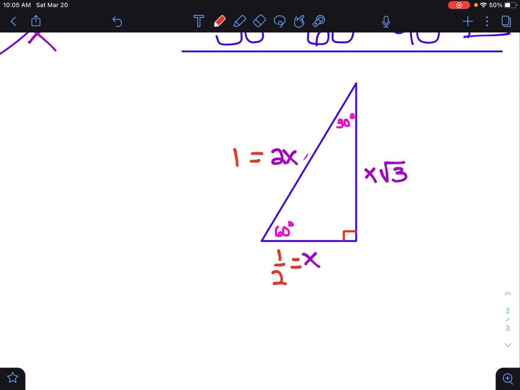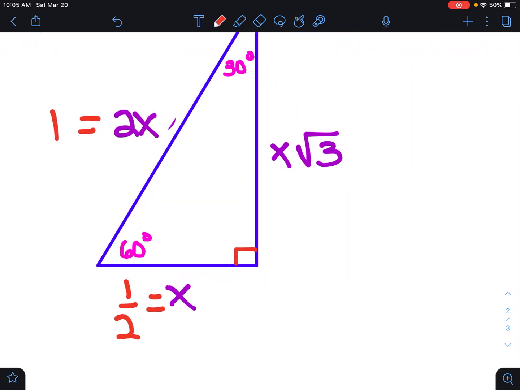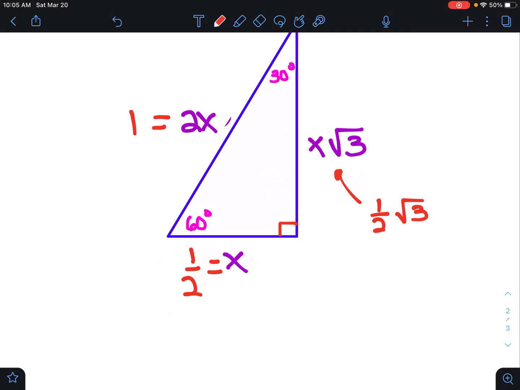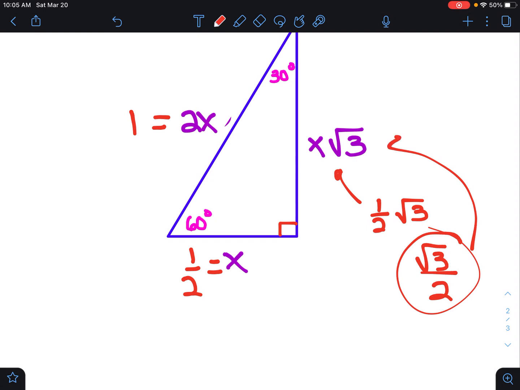Now, that means if x is a half, then this would be 1/2 root 3. Well, we would generally write that in a different way. We usually write this as square root of 3 over 2. This is more typical. So that's this distance here, and you've got a half, and we got 1.